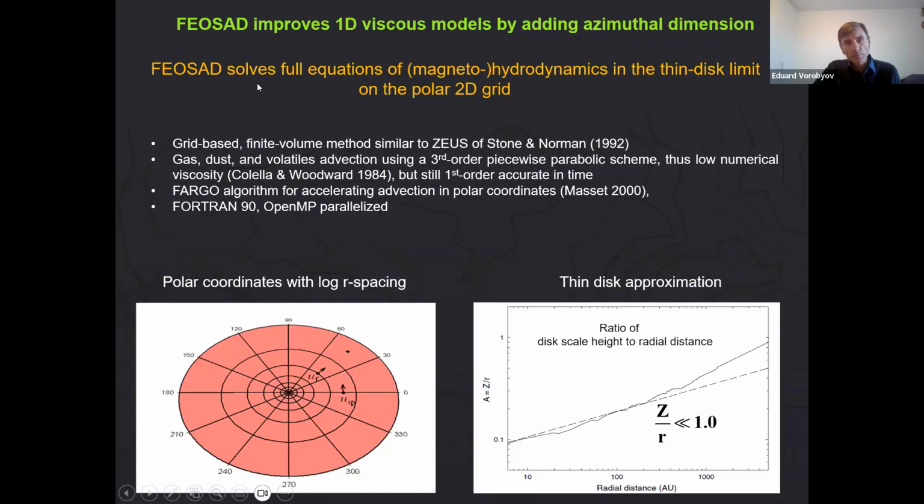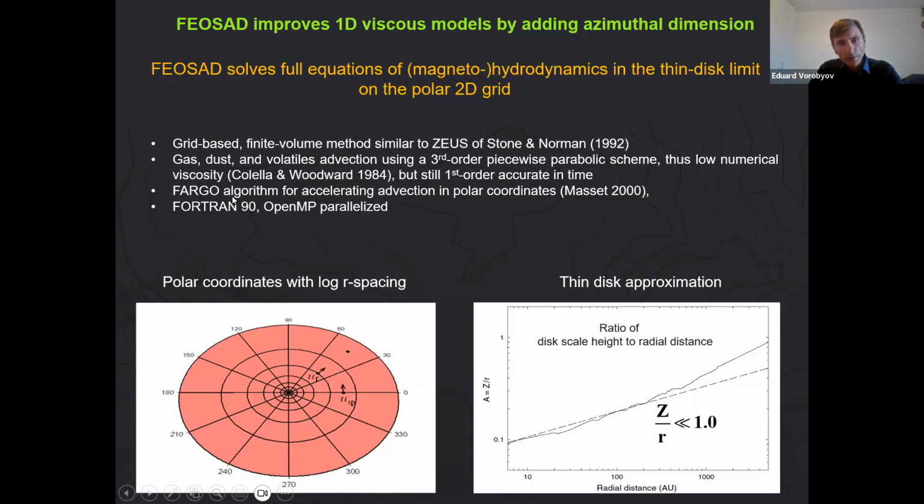It solves the full equations of magnetohydrodynamics in the thin disk limit on the polar grid with log spacing in the radial direction. It's a grid-based finite volume method. It solves the advection of gas, dust, and volatiles using the third order piecewise parabolic scheme, the golden standard nowadays for hydrodynamic codes, but it's still first order accurate in time.